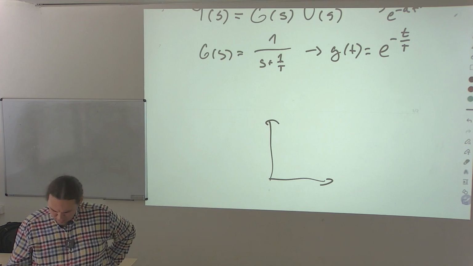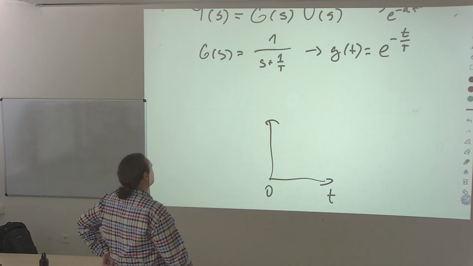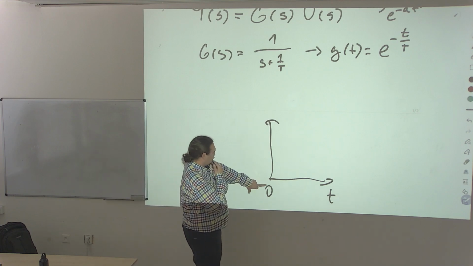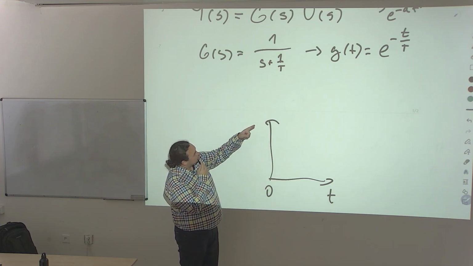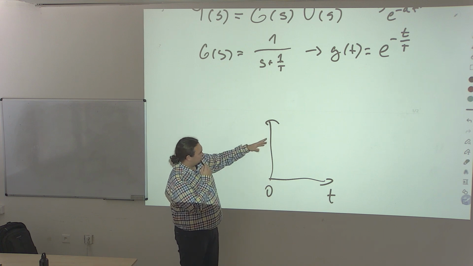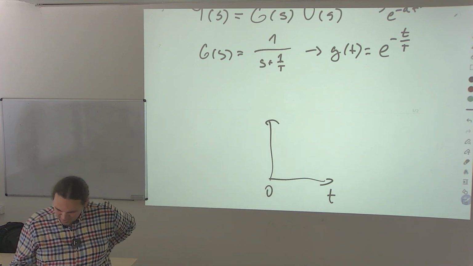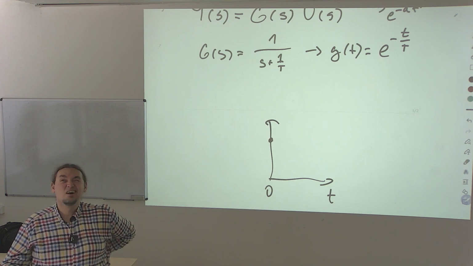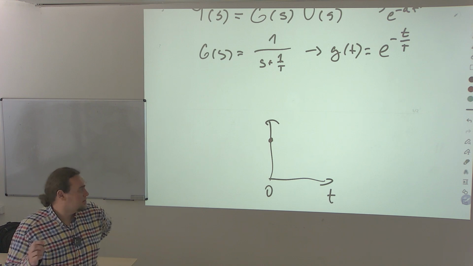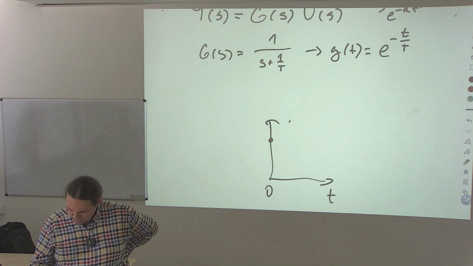If we go from 0 to some t, at 0 we get what? E to the 0, so we get either 1 or some constant that is standing in front. Let's leave the colors for later.